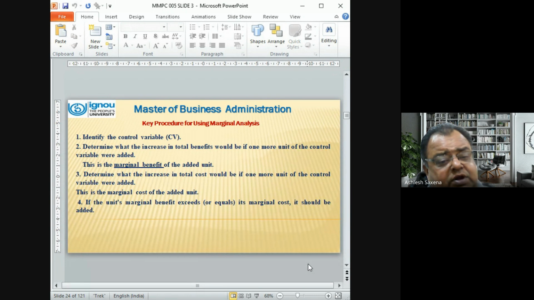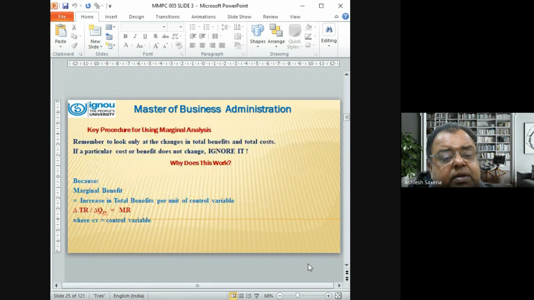Determine what the increase in total cost would be if one more unit of the control variable is added. This is the marginal cost of the added unit. If the unit's marginal benefit exceeds or equals its marginal cost, it will be added. Remember, you look only at the changes in total benefits and total costs. If a particular cost or benefit does not change, ignore it. That means you don't have to consider that part.